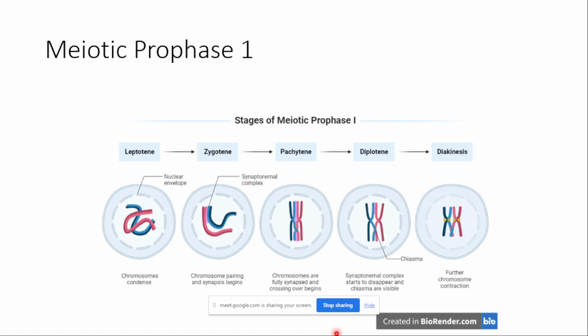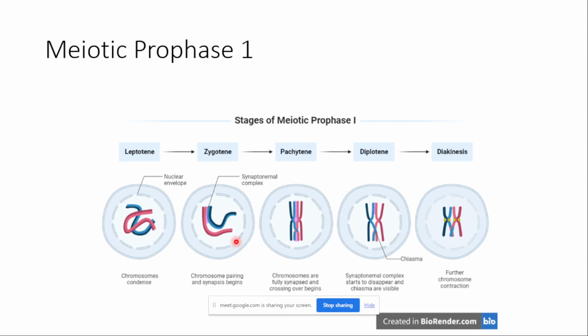Meiotic prophase I. As we already discussed, you can see the stages of meiotic prophase I. It starts from leptotene. In leptotene, chromosomal condensation occurs. After the chromosomes condense, in zygotene you need to pair your homologous pair of chromosomes.